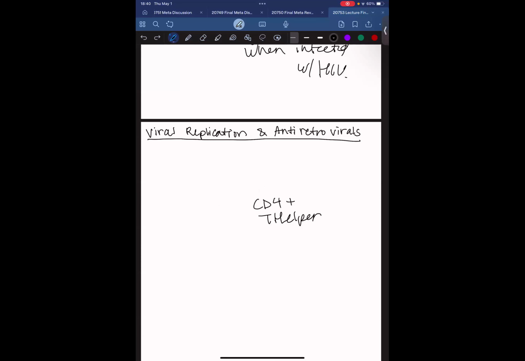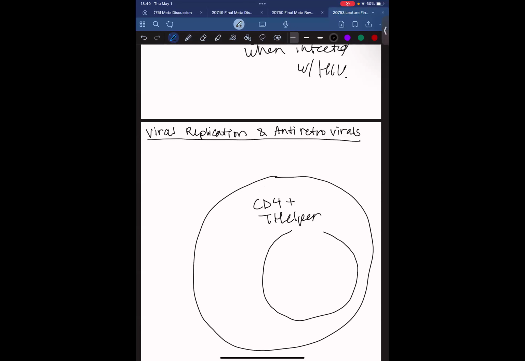Inside of this CD4, we've got a nucleus, and this is where our host genome is going to be. All right, so this is in our nucleus. This is our host genome.